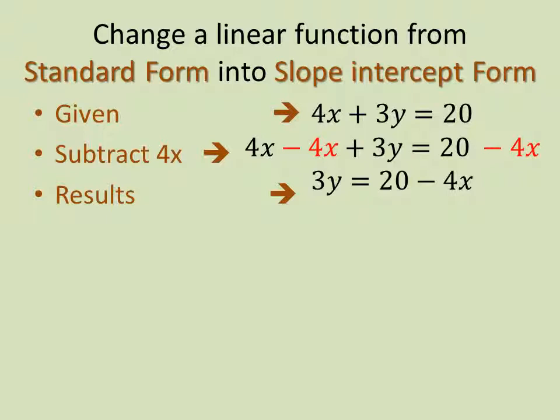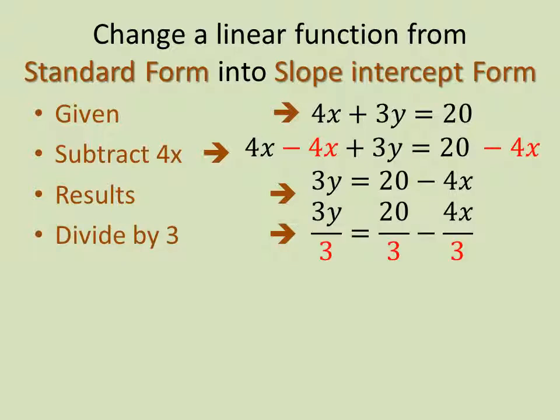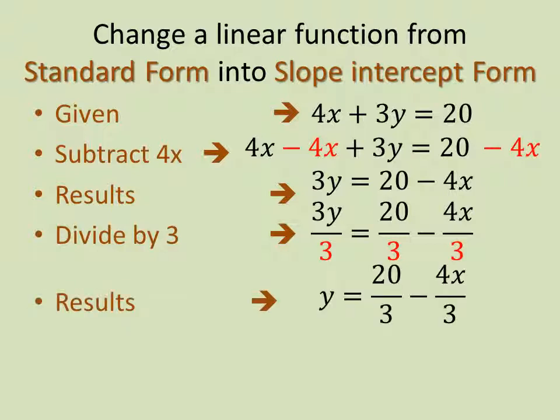Now we want to get it into just y, so we will divide by 3. Notice that we're dividing every single term by 3. My results give me y equals 20 over 3 minus 4x over 3. But this isn't actually in slope-intercept form because we wanted y equals mx plus b.